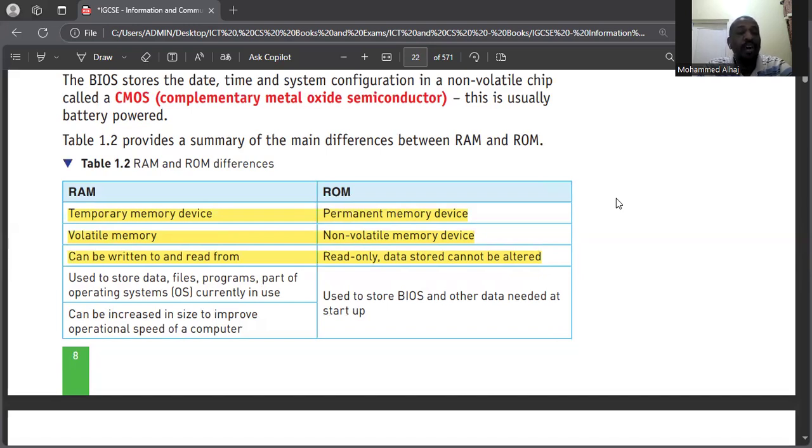The second point is volatile and non-volatile memory. Volatile memory is erased if we switch off the computer, whereas non-volatile memory is not affected if the computer is shut down. Next, can it be written to and read from? RAM is read-write memory, whereas read-only memory, from the name itself, is clearly a memory that we can only read from.